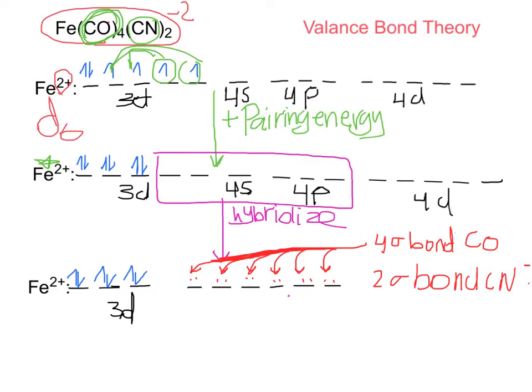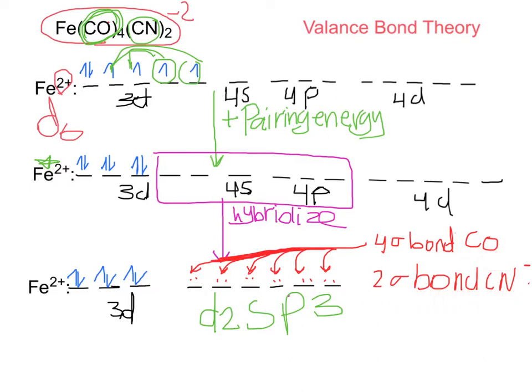So now we're gonna hybridize. And the hybridization is d2sp3. And these dots over here are the electrons from the ligand. So we have four: we're gonna have 4 sigma bonds with the carbon monoxide and 2 sigma bonds with the cyanide.